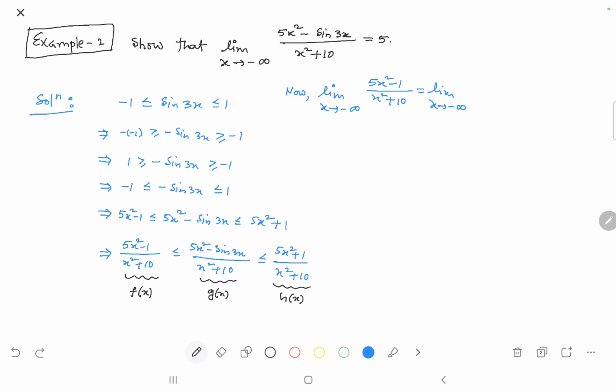Both numerator and denominator we divide by x square. Then we get 5 minus 1 by x square, and 1 plus 10 by x square. We know as x tends to minus infinity, 1 by x has limit 0. So we get 5 minus 0 divided by 1 plus 0. So we are getting 5. Okay, Mayan?